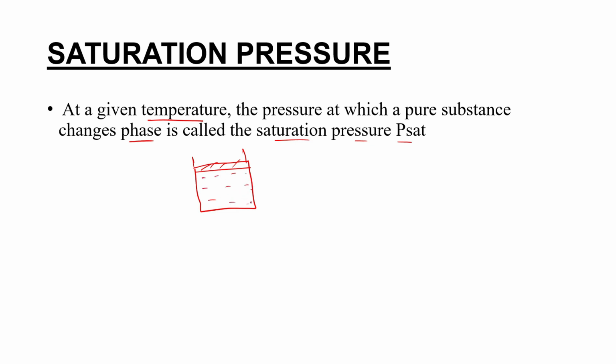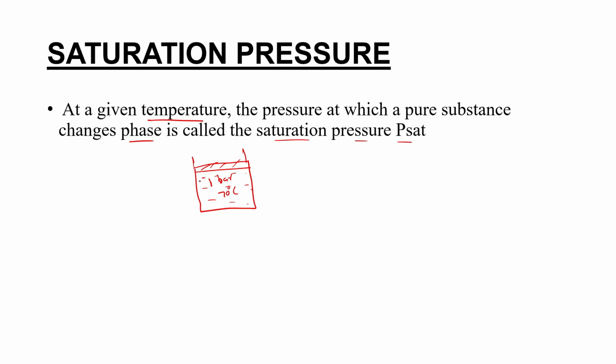So initially it was at 1 bar and temperature may be 70 degrees Celsius. So one way to convert all this liquid to vapor is by supplying heat. So if you allow the piston to move, pressure will remain constant and temperature will rise up.